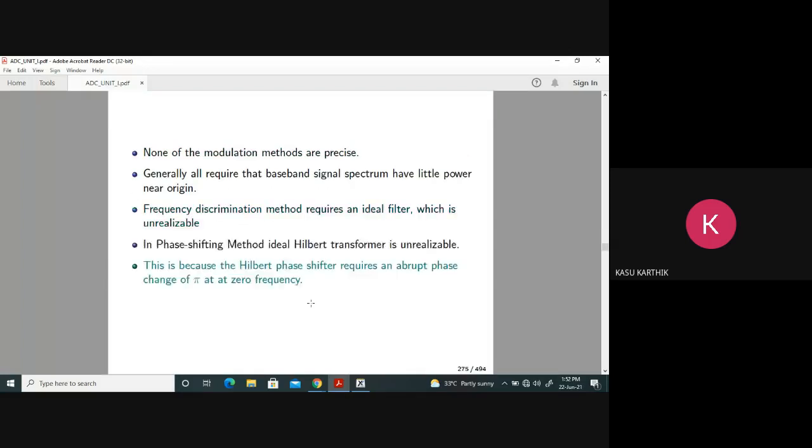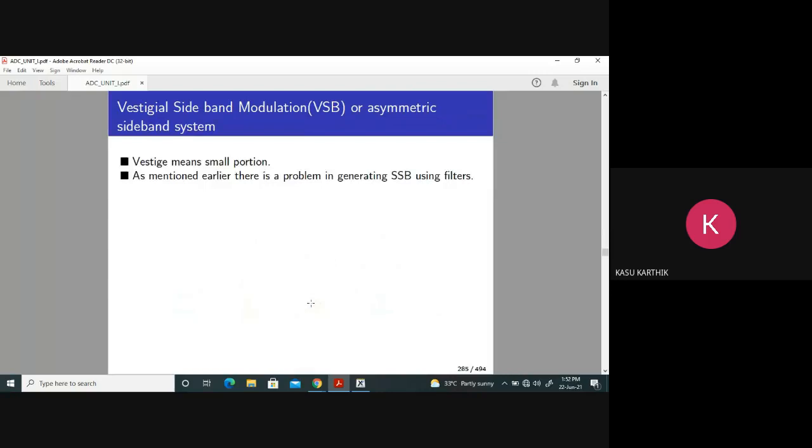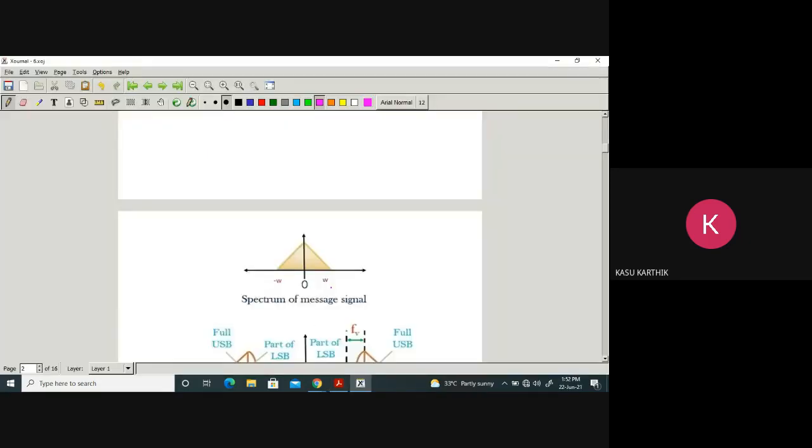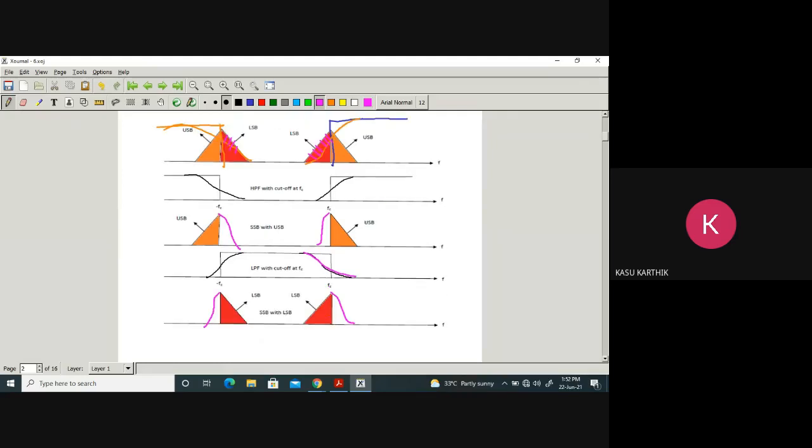So how to get that? If the filters do not have sharp cutoff frequencies, if the filters are practical filters, you get some portion of the other sideband also. Here you are transmitting the upper sideband, but because of the practical or non-ideal filters, you are getting some portion of which sideband? Lower sideband.